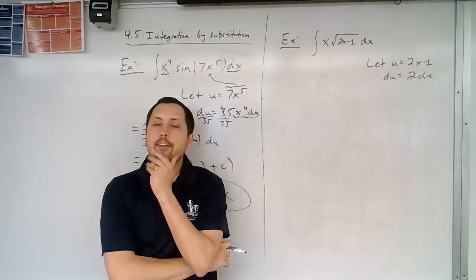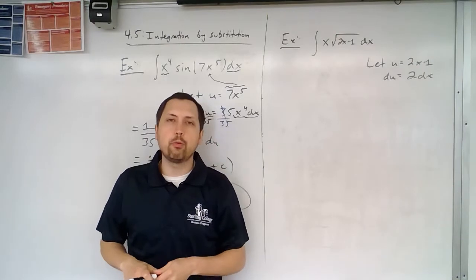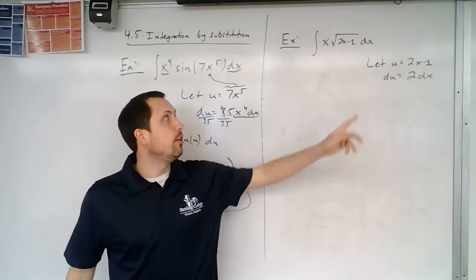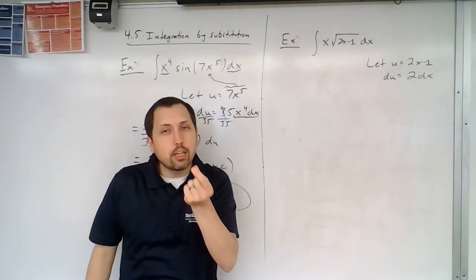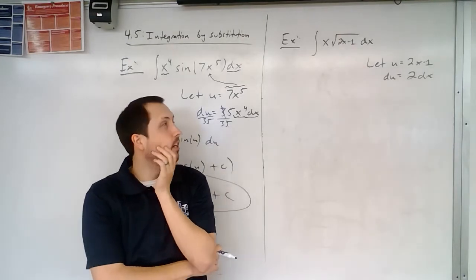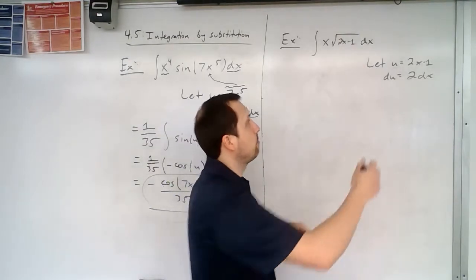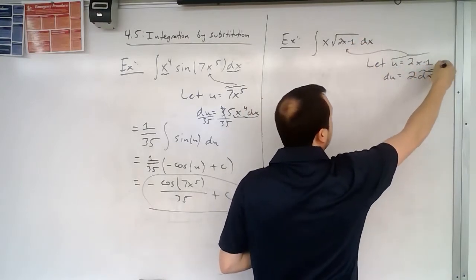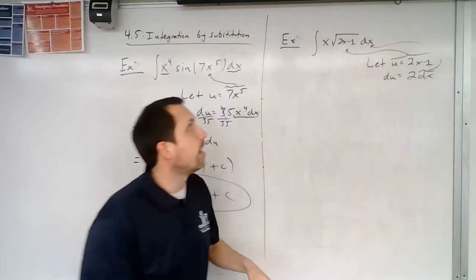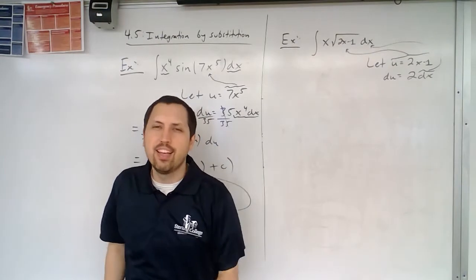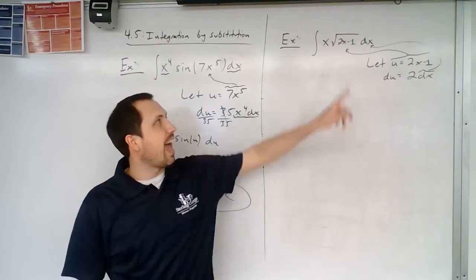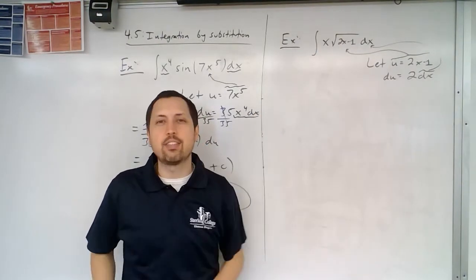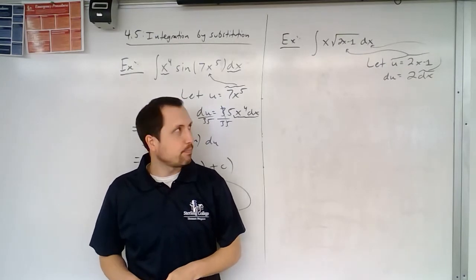Now, if you've become somewhat comfortable with u substitution, you should be a little bit concerned because you have something for 2x minus 1 here. So this could be substituted in there, and you have something for dx that can be substituted there. But this x, that x is missing, right? This x right there does not have something to be substituted in for it.